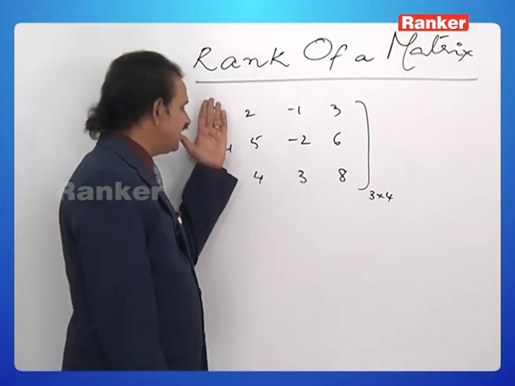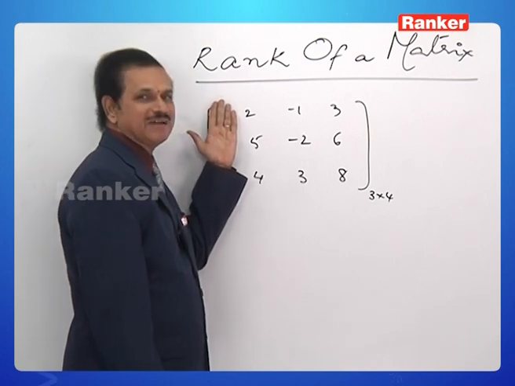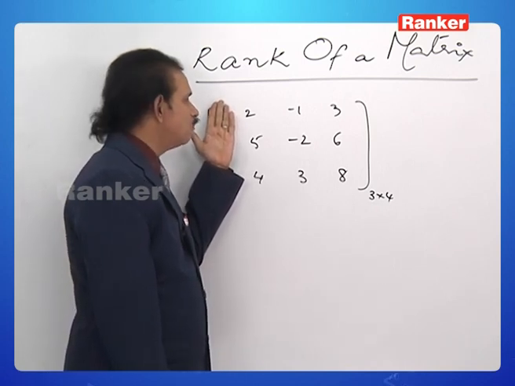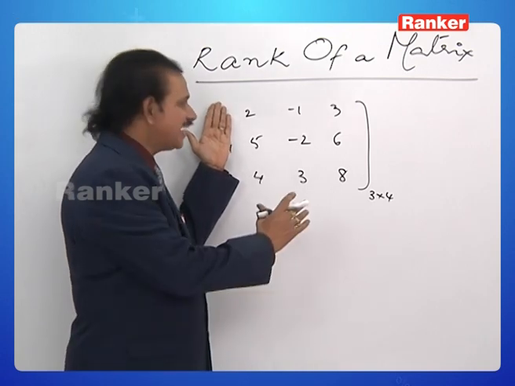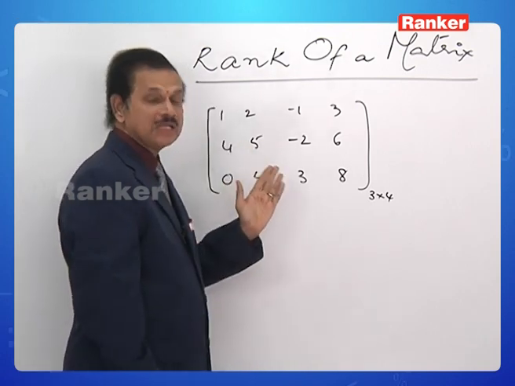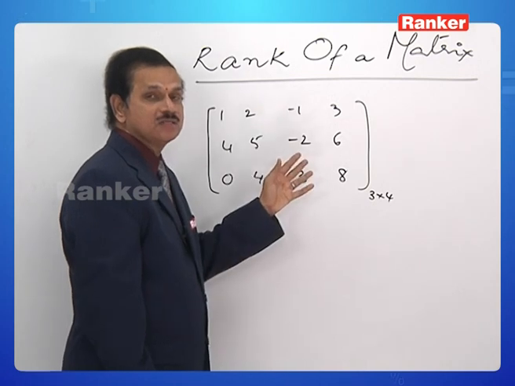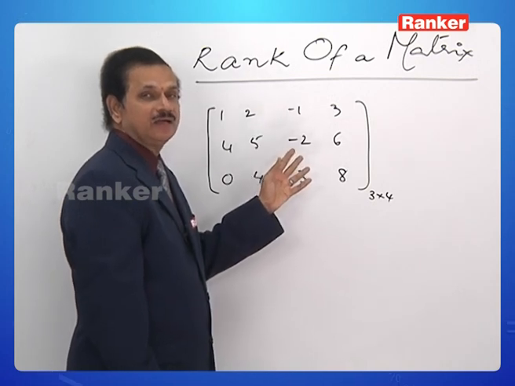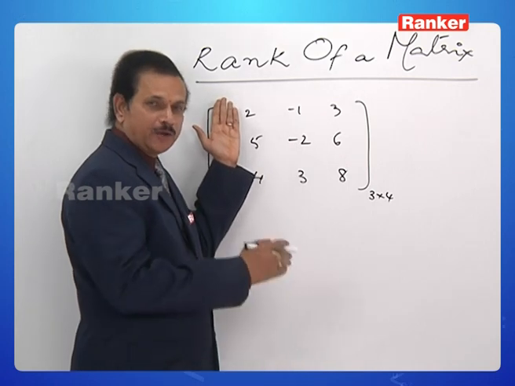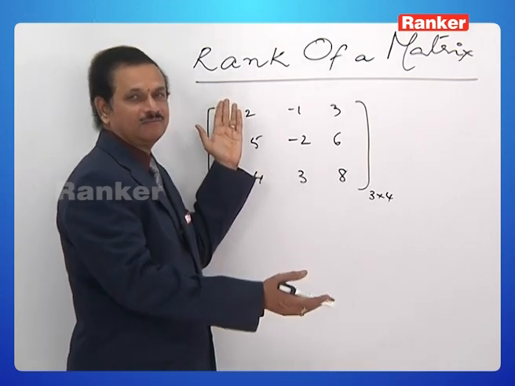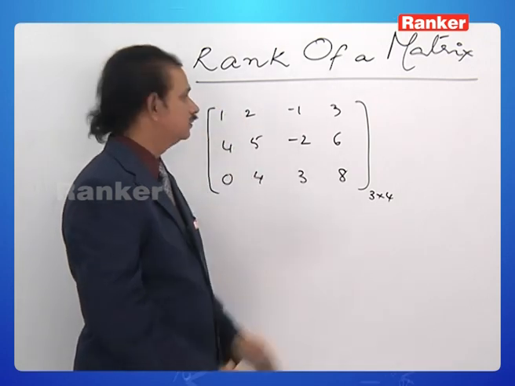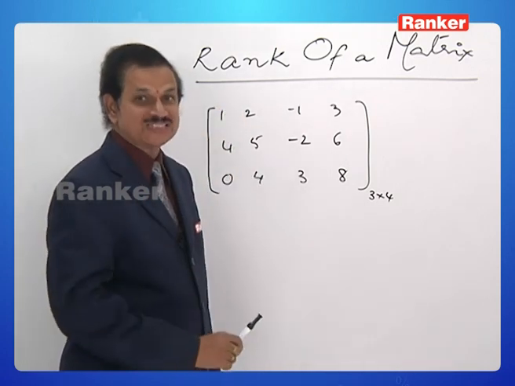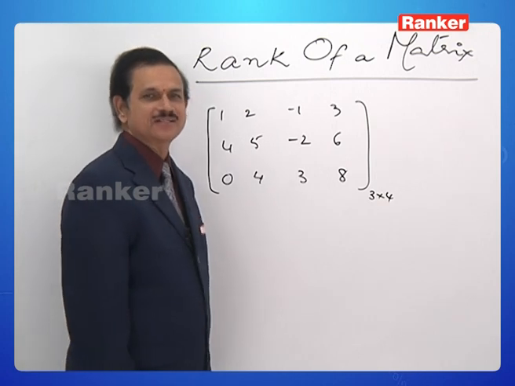Suppose I delete the first column from this matrix. What happens? 2, minus 1, 3; 5, minus 2, 6; 4, 3, 8. That will be a part of this matrix, isn't it? That part which is obtained by deleting some rows or some columns from a given matrix is called a submatrix of the given matrix.